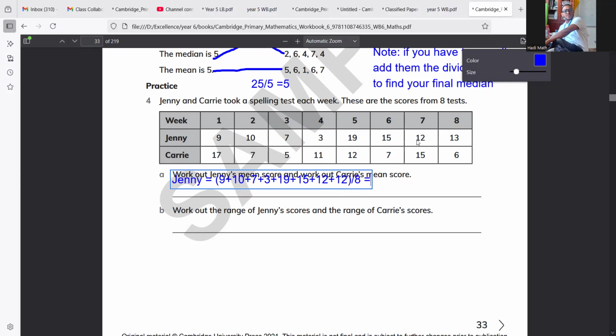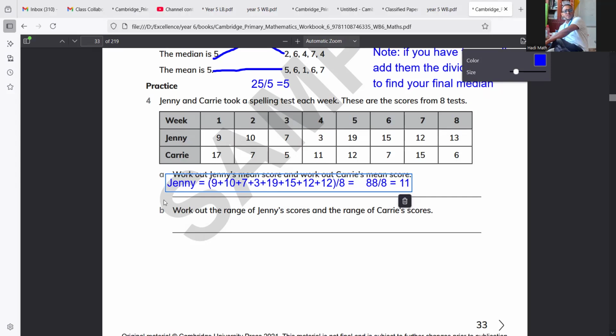And 75 plus 13 is 88. So it is 88 divided by 8, and that's equal to 11. This is Jenny's mean. You add all of them and you divide by how many numbers there are.